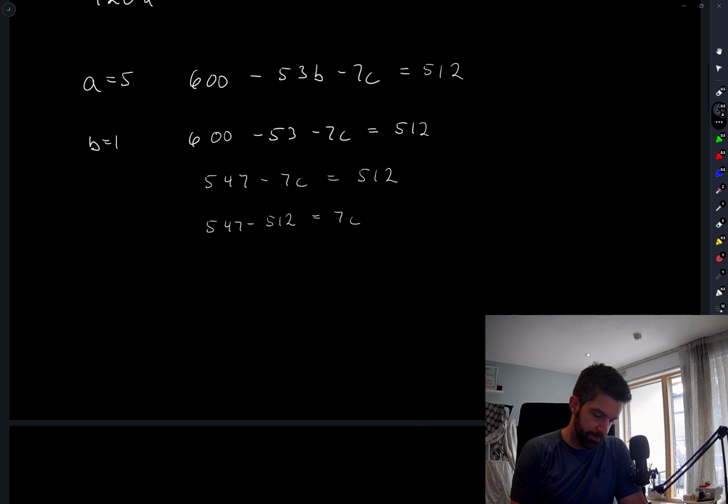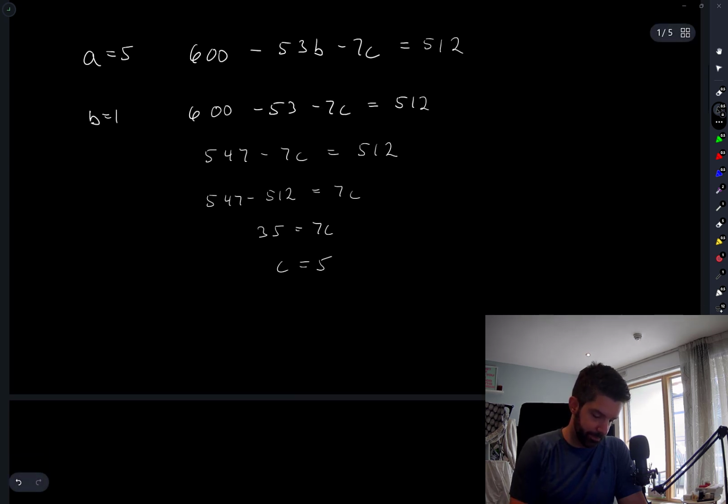That is 35. So C is equal to 5. So I have A is equal to 5, B is equal to 1, C is equal to 5.